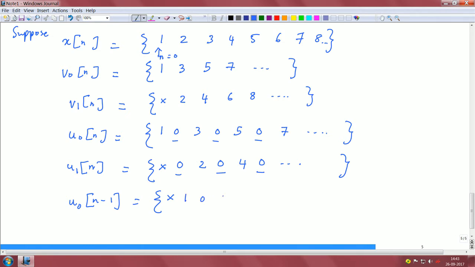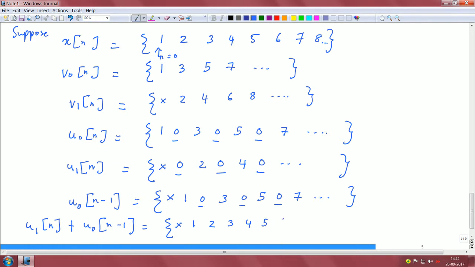So I have 1, 0, 3, 0, 5, 0, 7, and so on, and then I take u1 of n and I add it with u naught of n minus 1. I get some value, I call it dummy x, then I have 1, 2, 3, 4, 5, 6, 7, I just can reconstruct my sequence.